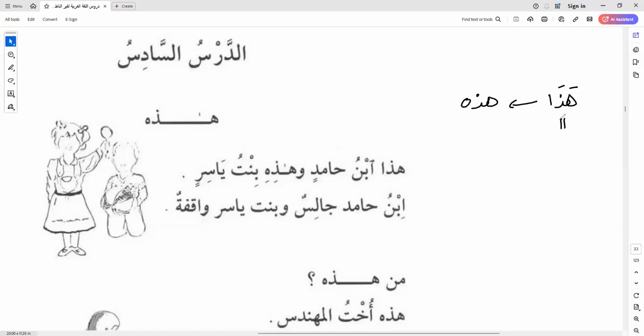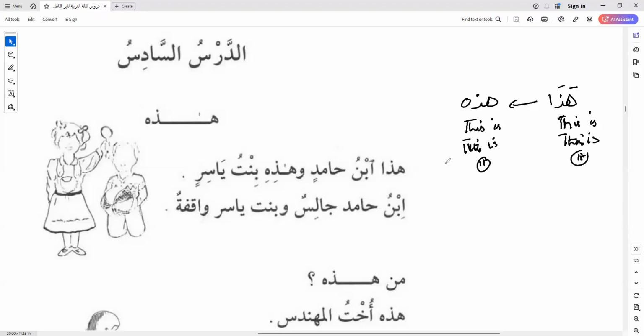So hadha is this for masculine, and hadhihi is also this, for feminine, or it. So what I mean is you can use it for an item, like it.